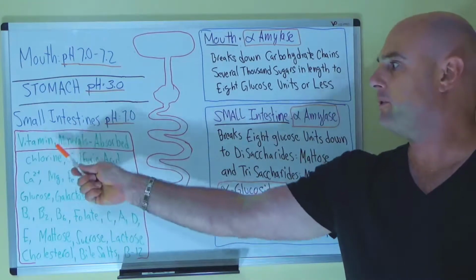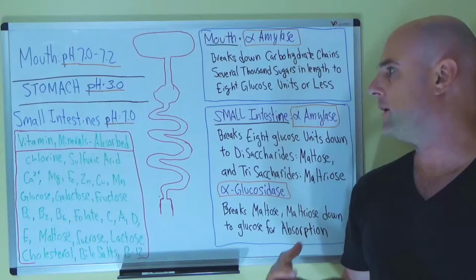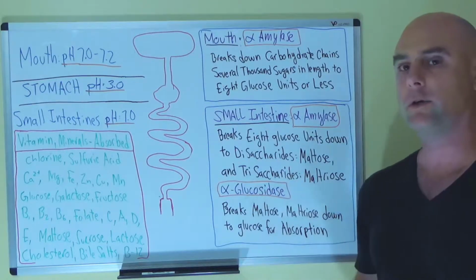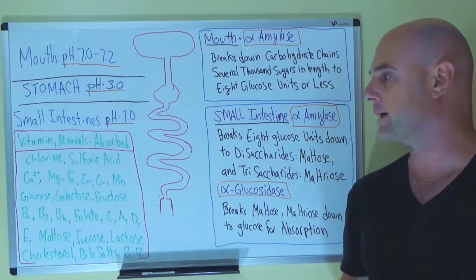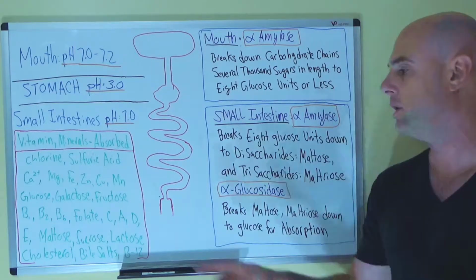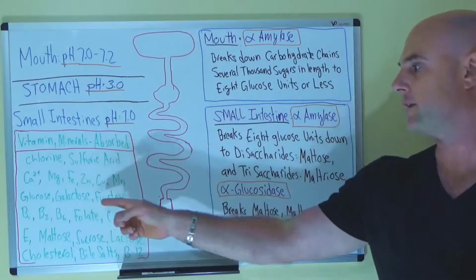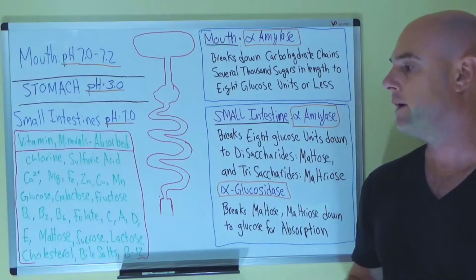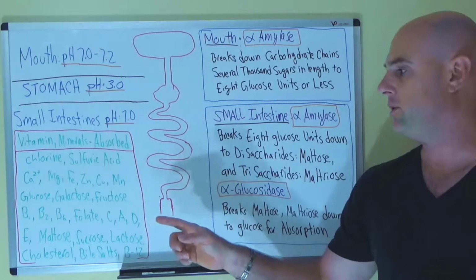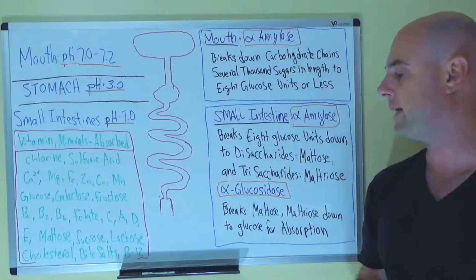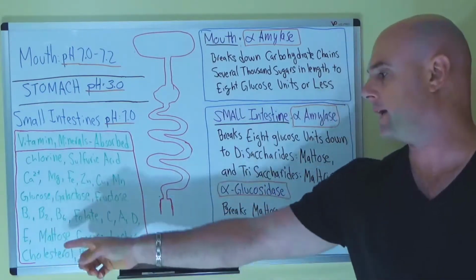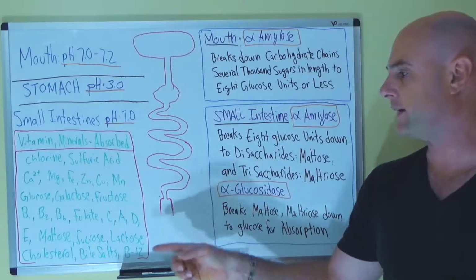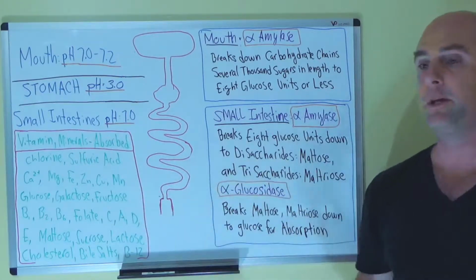Other vitamins and minerals that are also absorbed in the small intestine other than glucose are chlorine, sulfuric acid, calcium, magnesium, iron, zinc, copper, glucose, galactose, fructose, vitamin B1, B2, B6, folate, vitamin A, vitamin D, vitamin E, and again maltose, sucrose, lactose, cholesterol, bile salts, and B12.